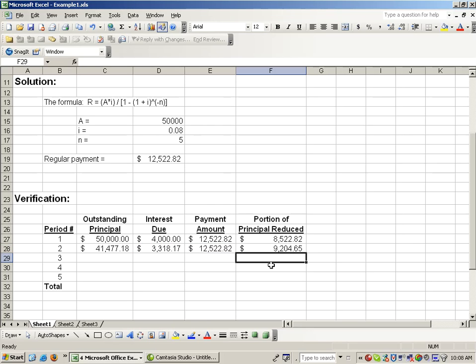You see? Okay, let's go to period 3. The outstanding principal is this amount minus this amount. So the outstanding principal has been reduced. Find the interest on that.